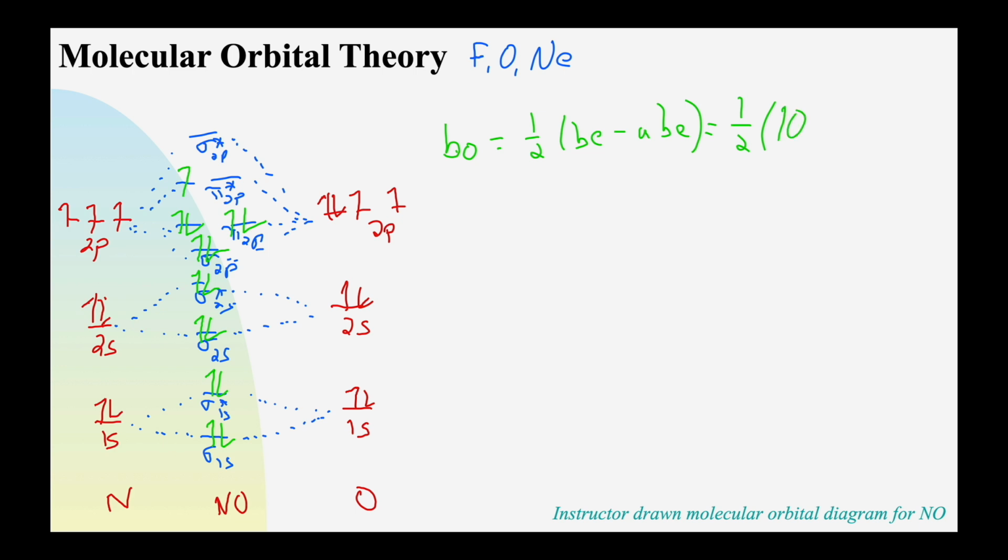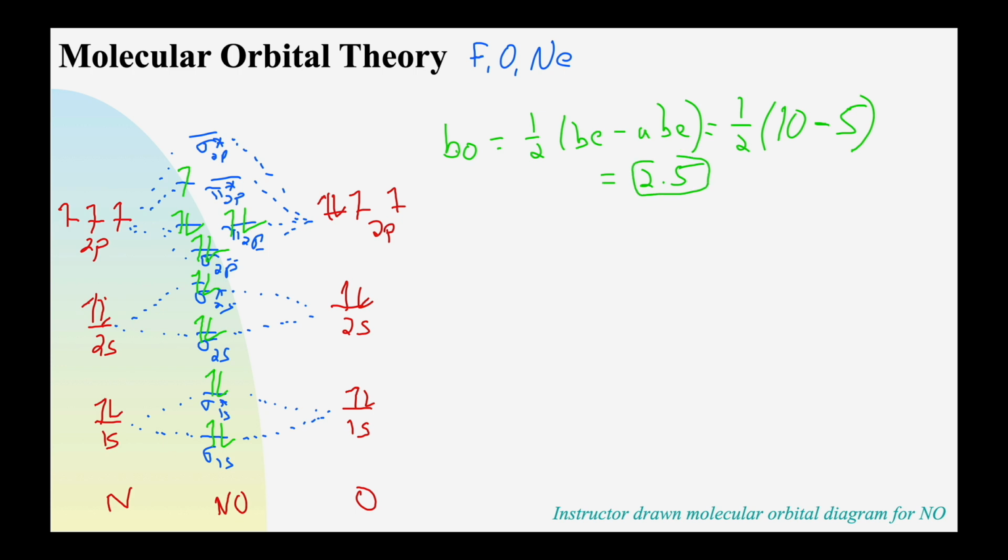So you had 10 bonding electrons total, okay? And from that, you subtract the anti-bonding electrons. There are 2 sigma star 1s anti-bonding, 2 sigma star 2s anti-bonding, and even 1 pi star 2p at the very top up there. So 10 minus 5, all right? This bond order is 2.5, all right?